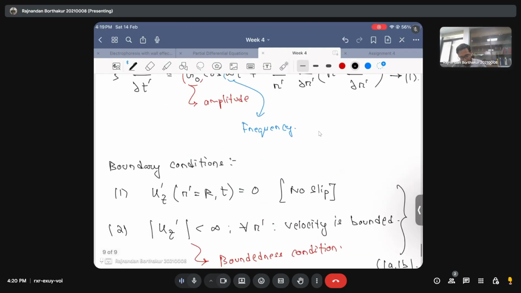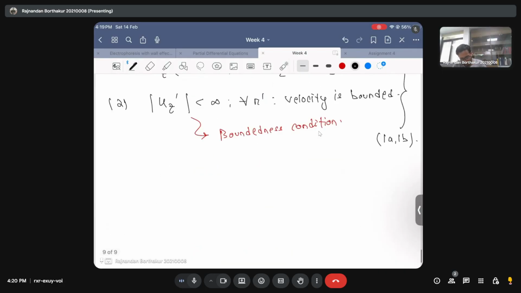Okay, but remember, I promised you that we will be solving this using non-dimensional variables, and because of that, the first objective is choosing the characteristic variables.